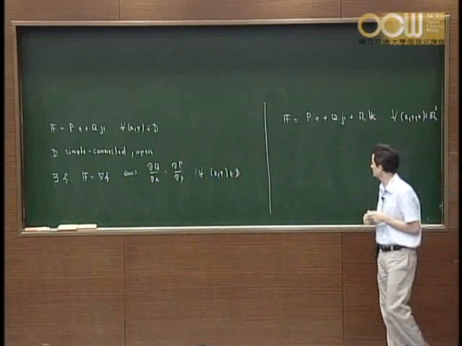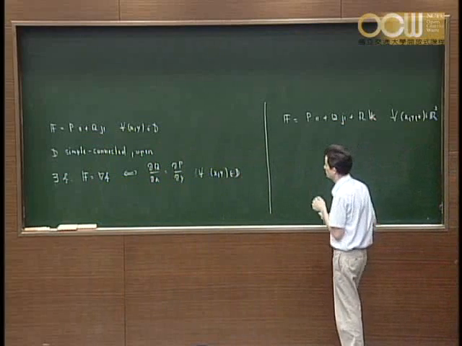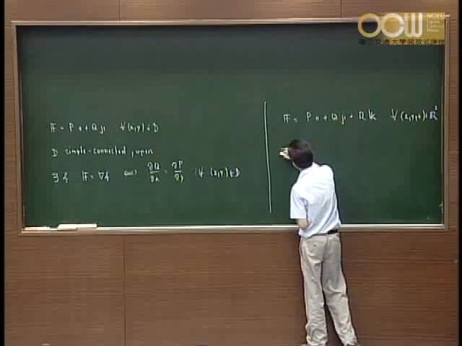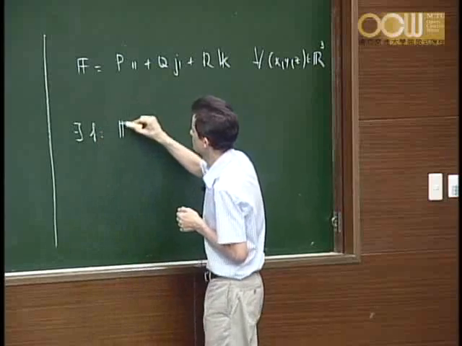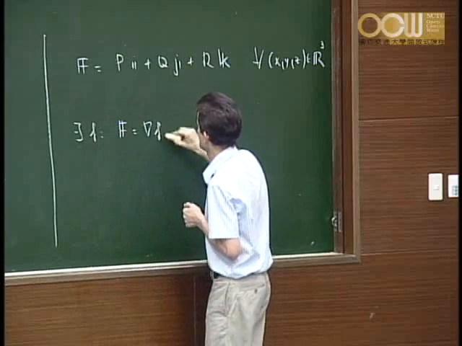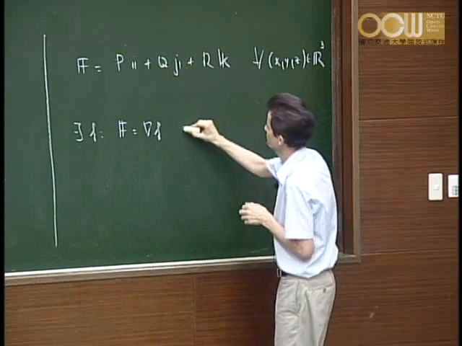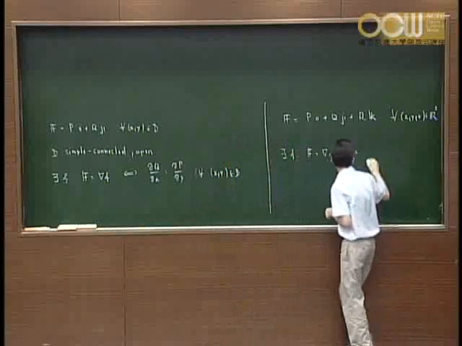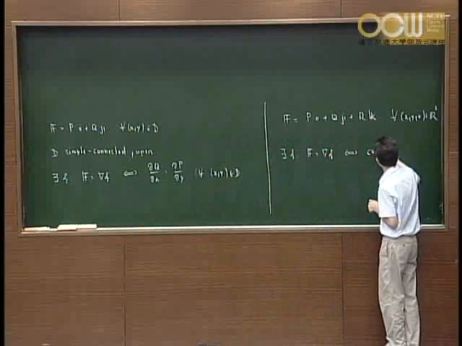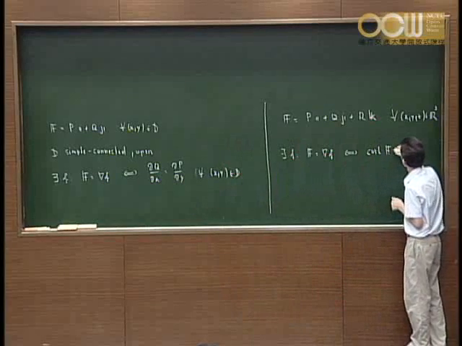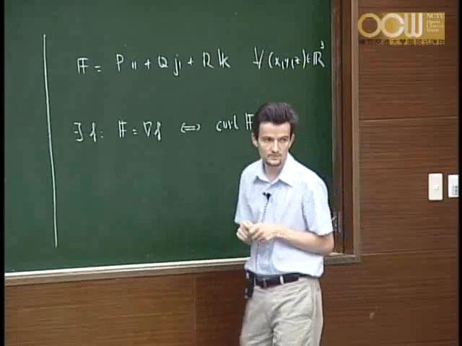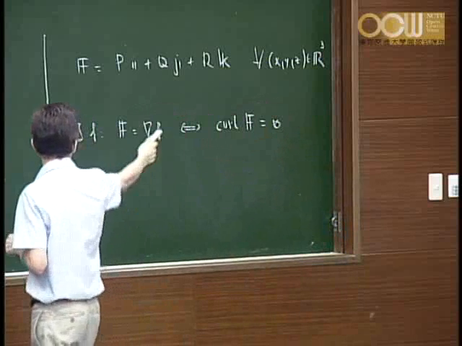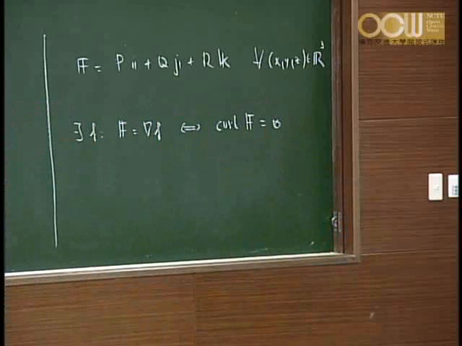But we saw already last time that there is a similar result which tells you that again, F is conservative if and only if this condition here is replaced by the curl of F being equal to 0. So the assumptions actually are different. The situation is not completely the same.